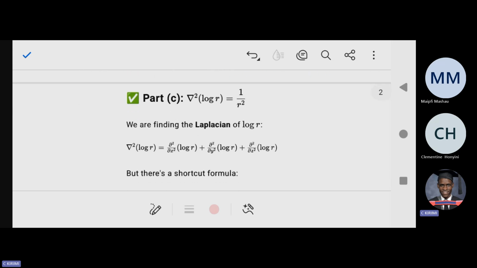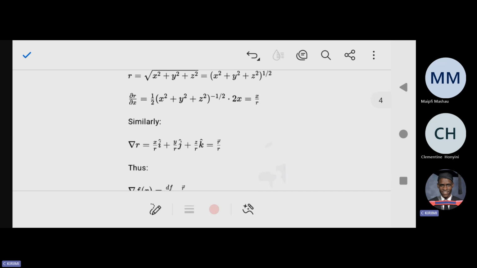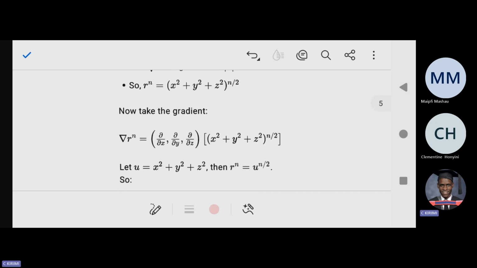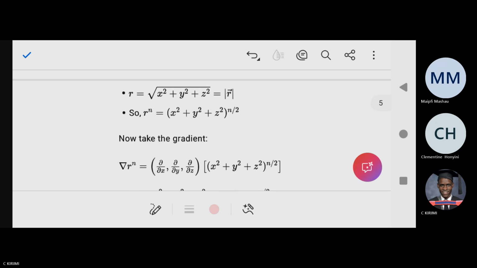You are right, it's the second partial derivative. Can you see this one? So whenever you see del squared of R^n, it means the second partial derivative of R to the power n. That's what we do.